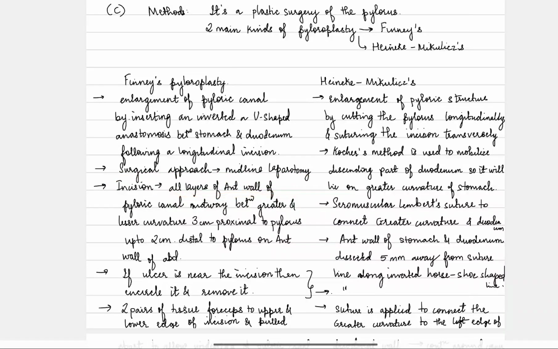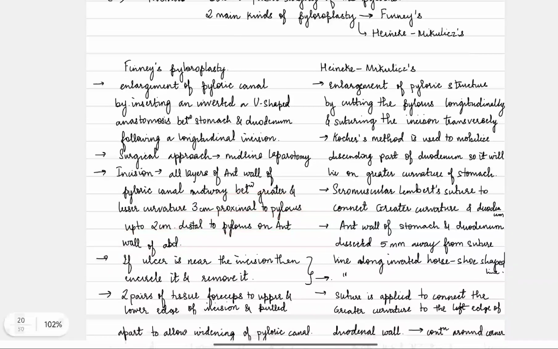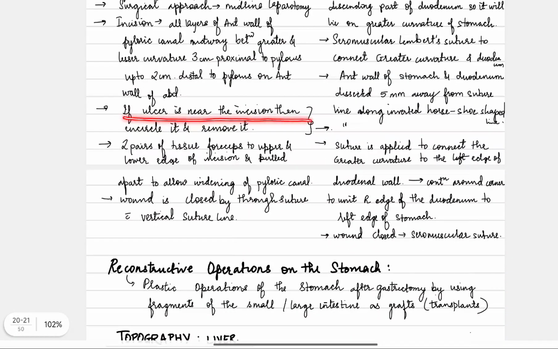All layers of the anterior wall of the pyloric canal are incised midway between the greater and lesser curvature, 3 cm proximal to the pylorus up to 2 cm distal to the pylorus on the anterior wall. If ulcer is near the incision, then encircle it and remove it. Two pairs of tissue forceps are applied to the upper and lower edge of the incision and pulled apart to allow the widening of the pyloric canal.